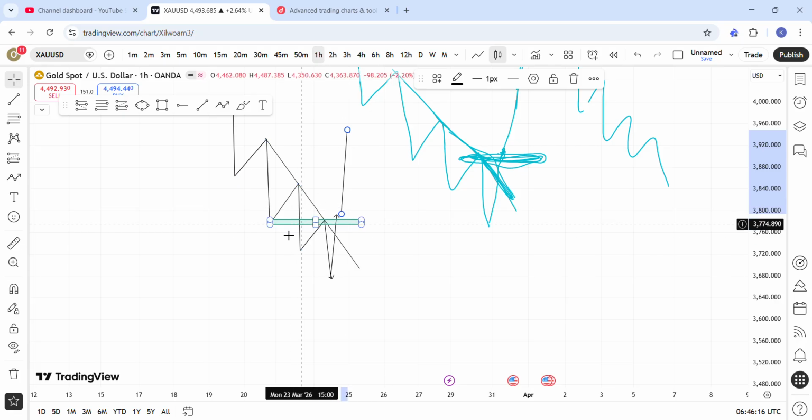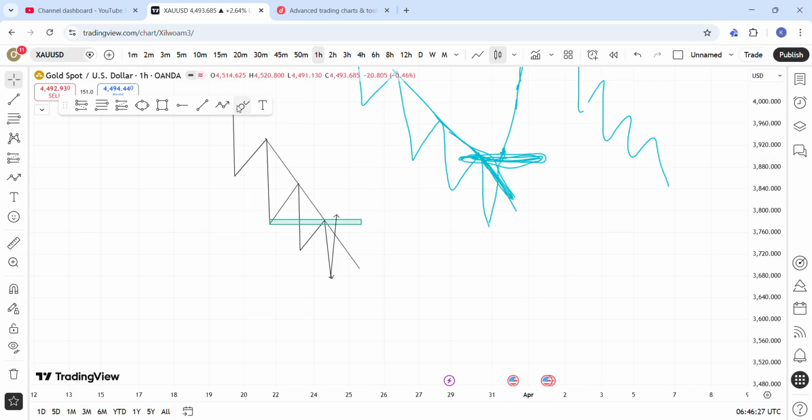Then on the other end, there are two scenarios to this. Sometimes this doesn't happen. See what will happen here. Price pushes up, then comes back to retest, either on this zone or on this trend line. One of them must happen.